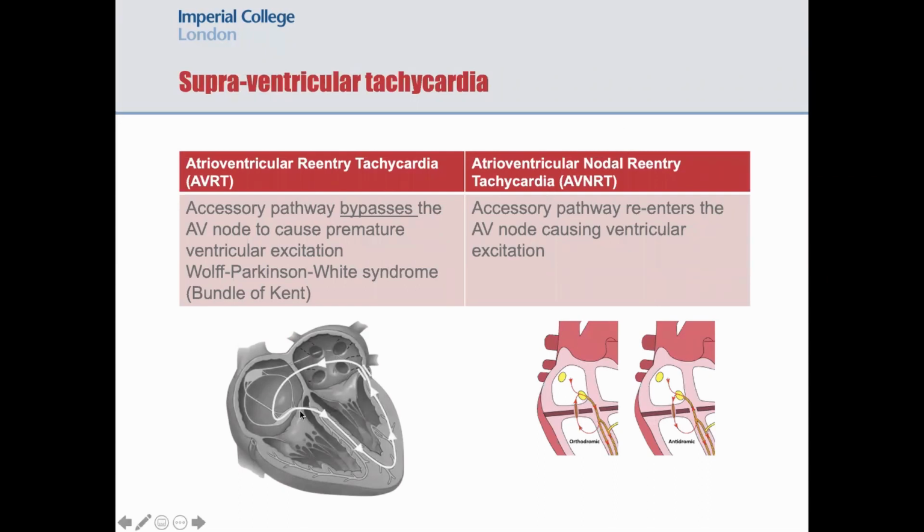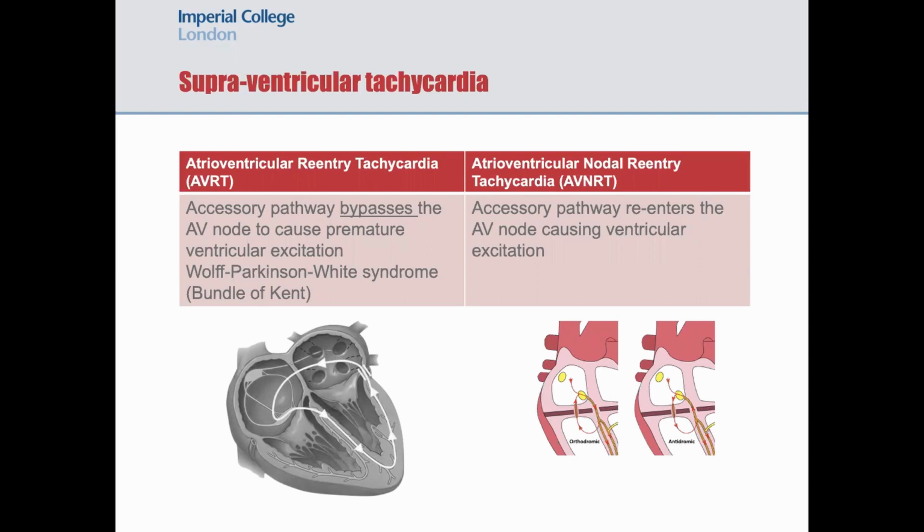So in your AVRT, as you can see, the electrical current goes through the AV node down to the bundle of His and goes up the Purkinje fibers. Then there's an extra pathway, called the accessory pathway, going from the Purkinje fibers back to the atrium.